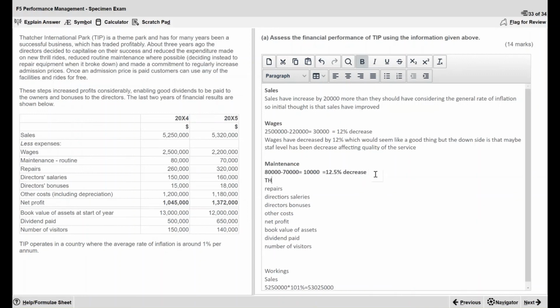The decrease in maintenance cost, 12.5%, and it has been replaced with repairs, which was mentioned there. Yeah, so we increased the repair cost. If something is broken, we will repair it, we will not maintain it, and the repair costs have increased here, you can see.